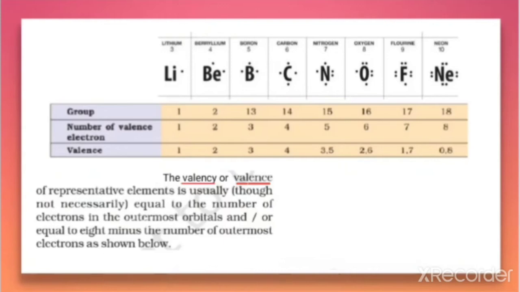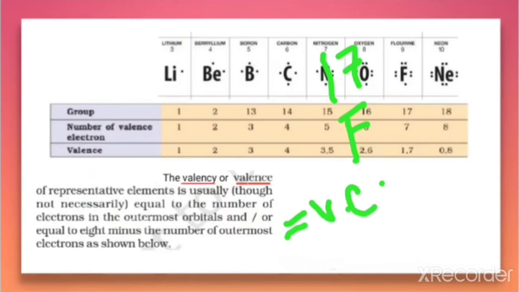So let us find the valency in the case of fluorine. Fluorine belongs to group 17. So what will be the valence electrons? The valence electron count is 17 minus 10, which is equal to 7.